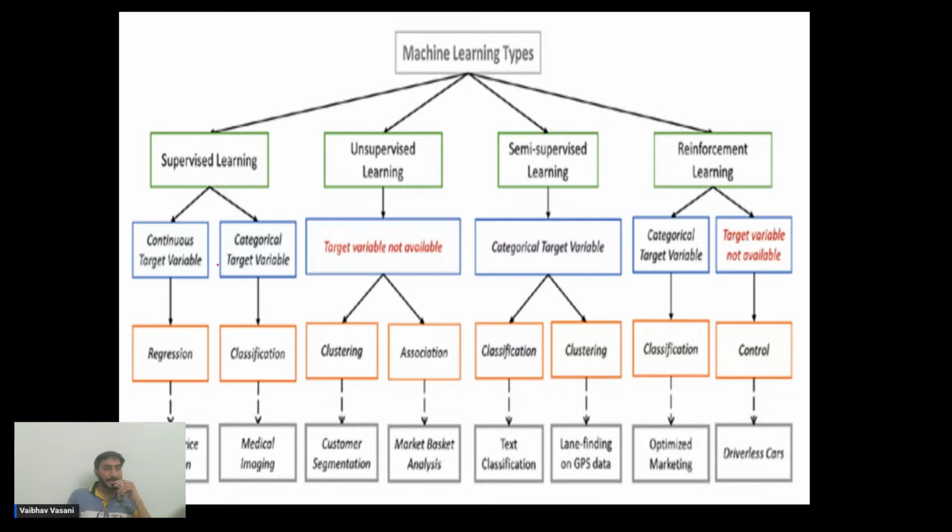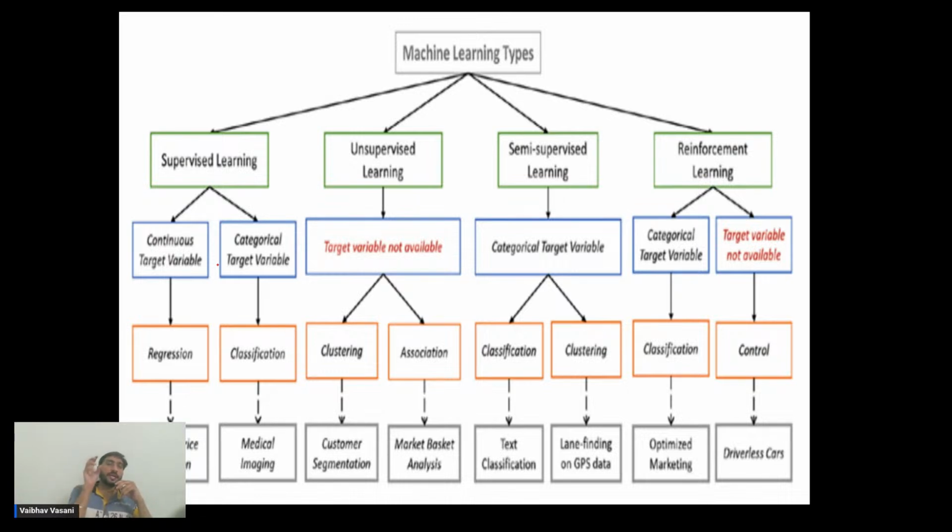Then the second category is unsupervised learning, where the target variable is not available. In the first case, we know what target we want. I said I want to classify our data into two categories, whether the given image is a dog or not dog. Binary classification I'm doing.